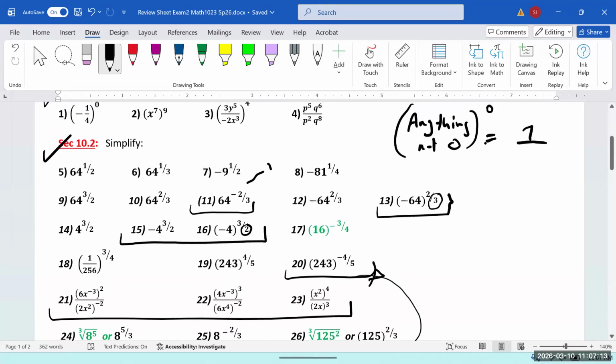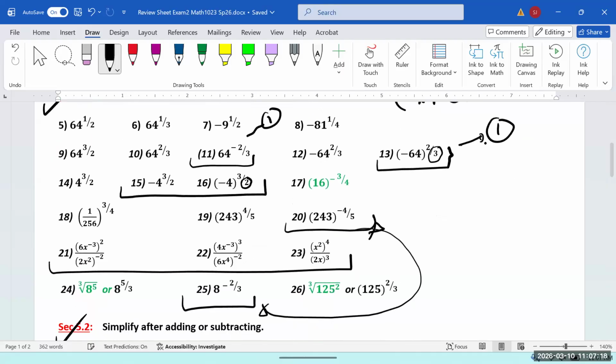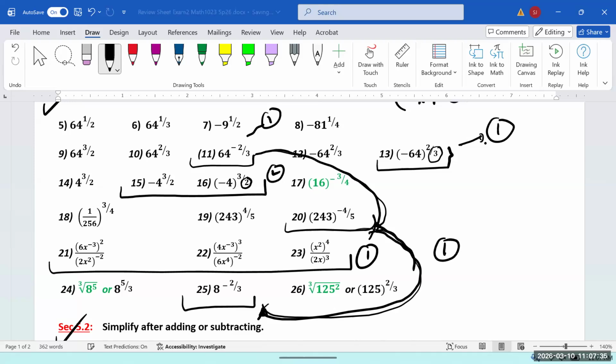One of these, two of these, one of these, these 3 have negative powers. So at least one from these 3 negative powers. So 2, 3, 4, 5, 6. I can see at least 6 of them here.